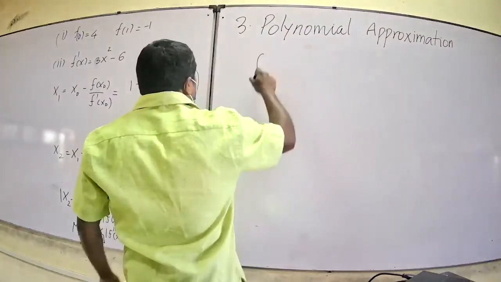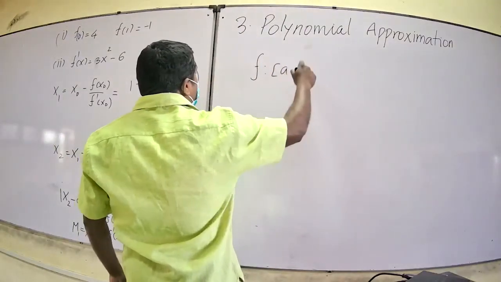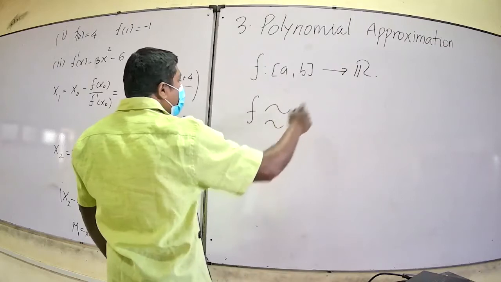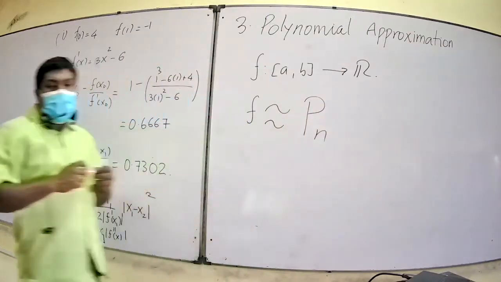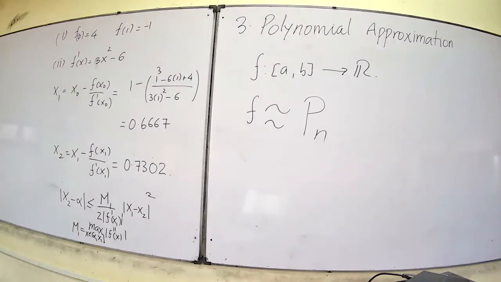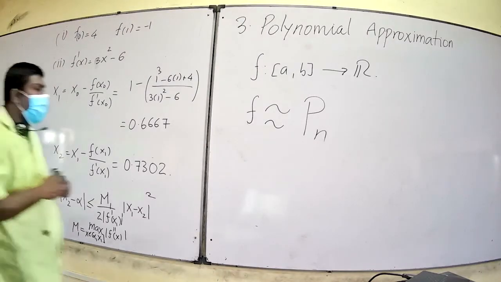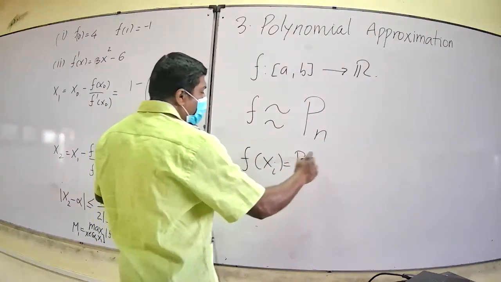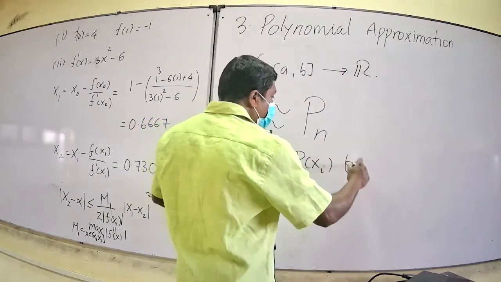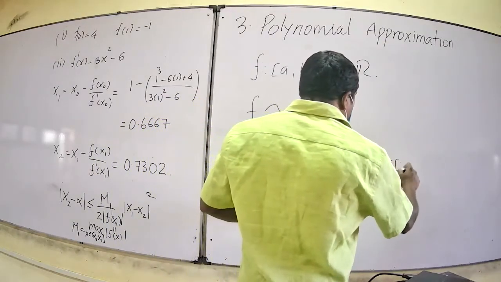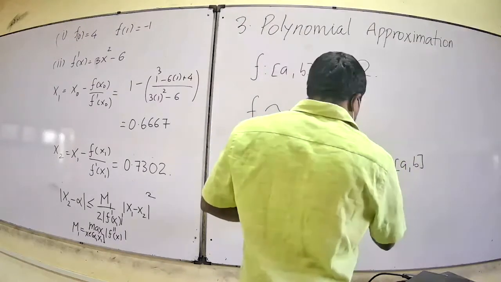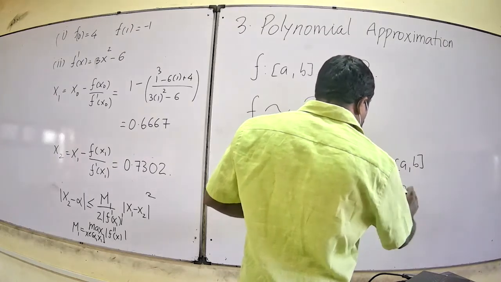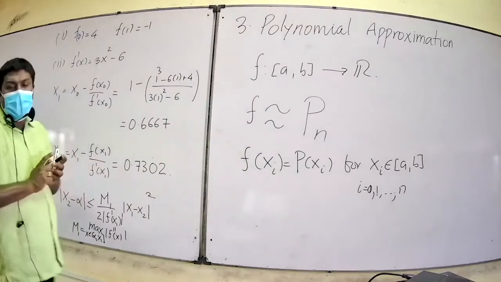So if you are given a function f from a to b to R, we are going to approximate it with an n degree polynomial Pn(x), right? So this is what we are trying to do.